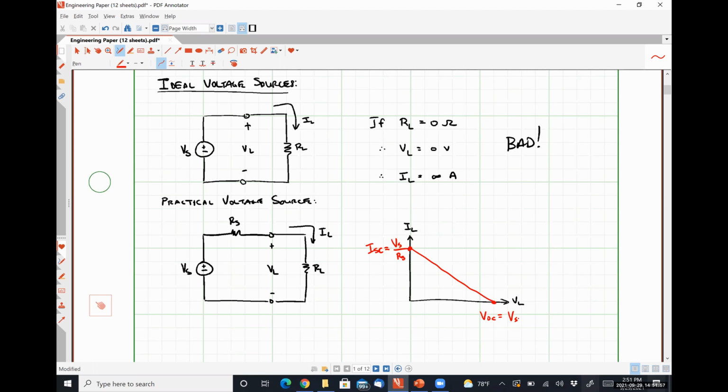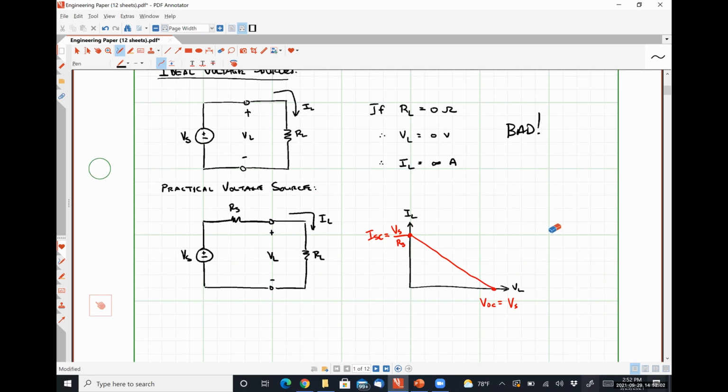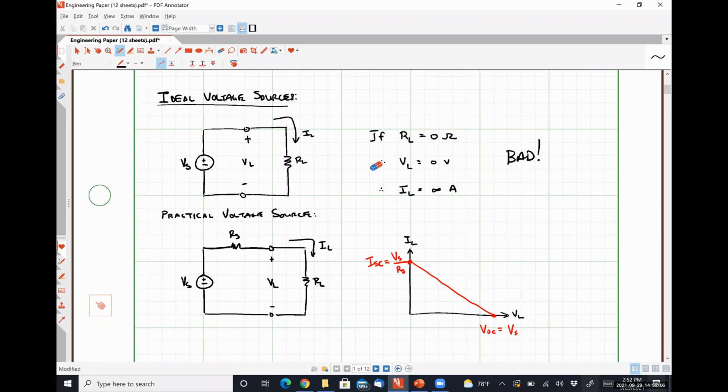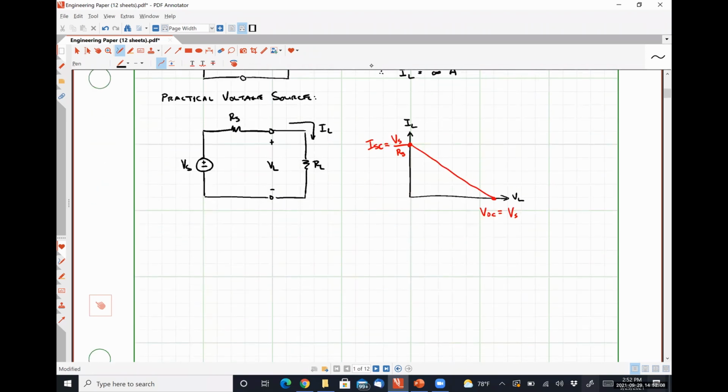All right. Now let's take a look at ideal current sources.